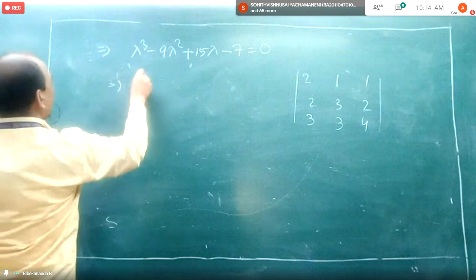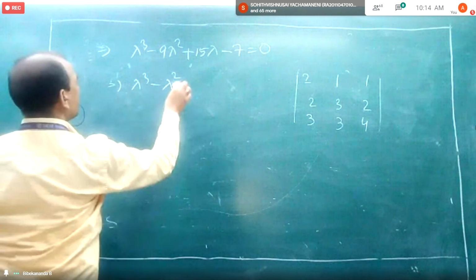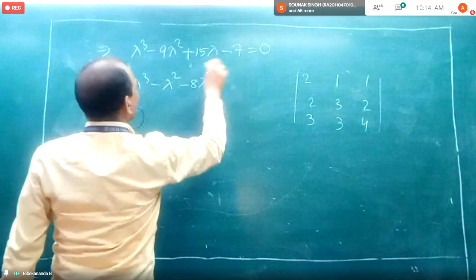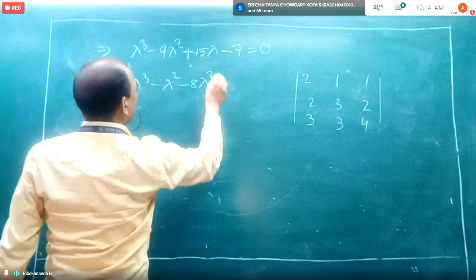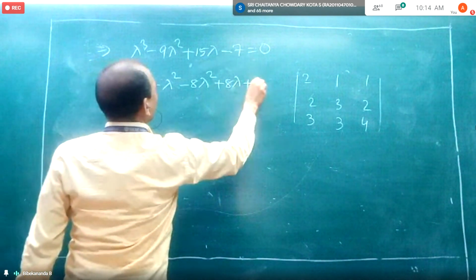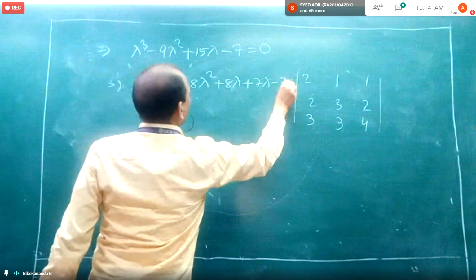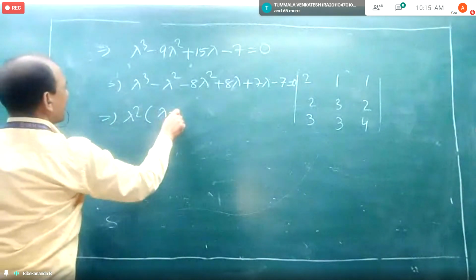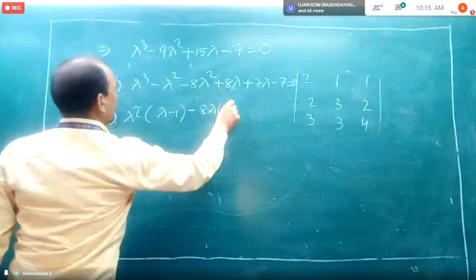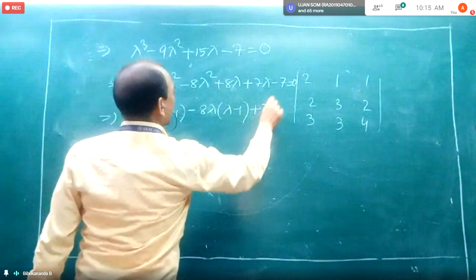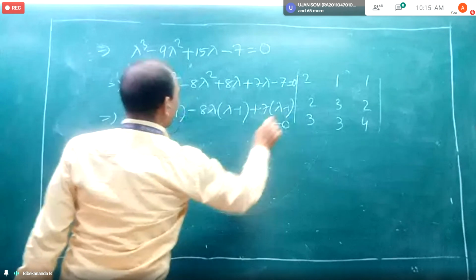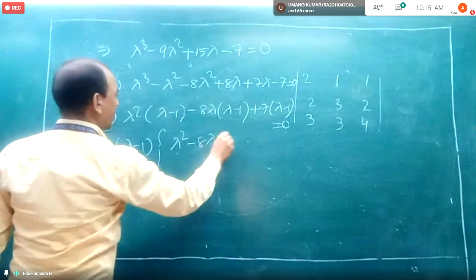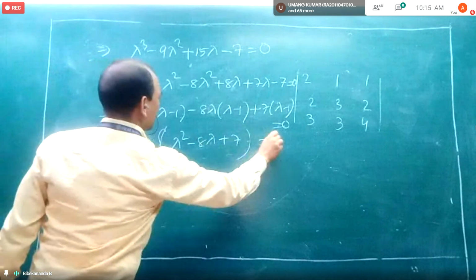This implies lambda cube minus lambda square minus 8 lambda square, and then in order to get minus 1, plus 8 lambda plus 7 lambda minus 7 equal to 0. So lambda minus 1 minus 8 lambda minus 1 plus 7 lambda minus 1 equal to 0. So lambda minus 1 common, remaining term will be lambda square minus 8 lambda plus 7 equal to 0.